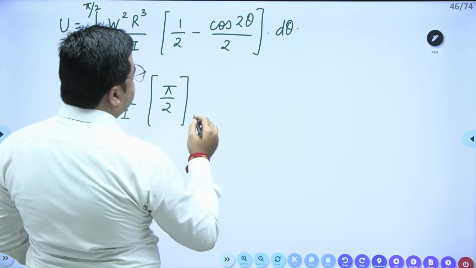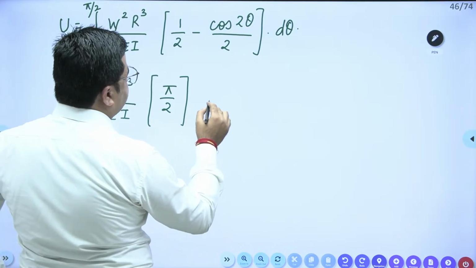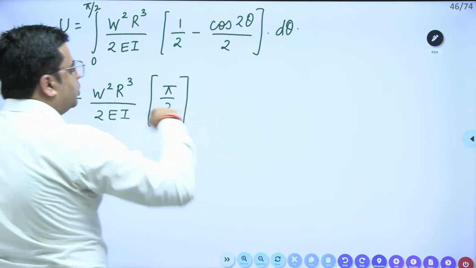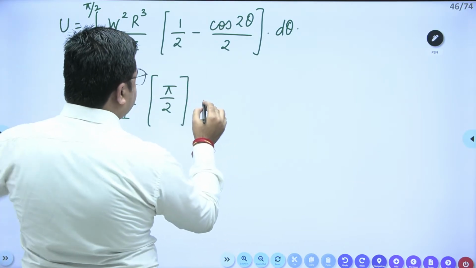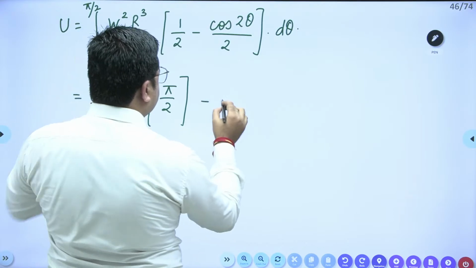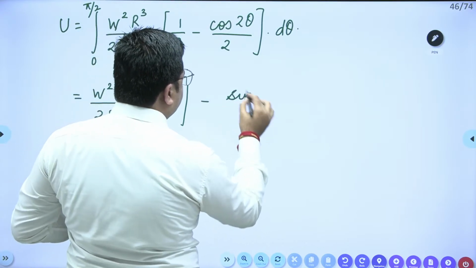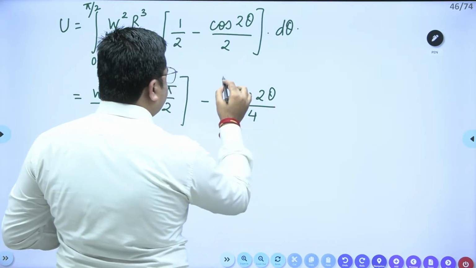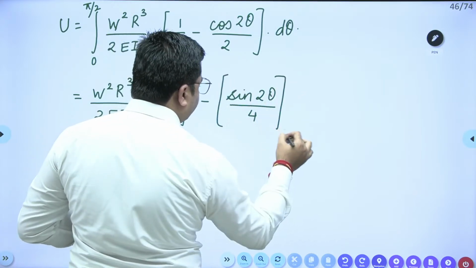So this is minus sin 2 theta by 2, and this is 4, and this is from 0 to pi by 2.